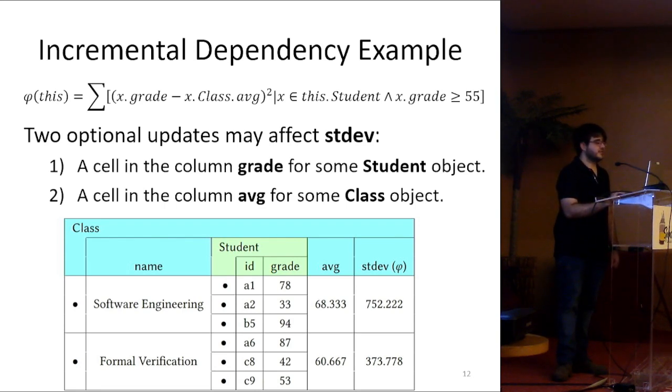And this STDF is dependent on two things which can be changed, and if they are changed, we need to update STDF. One case is that a grade of some student is updated, and the second case is that an AVG of some class is updated.